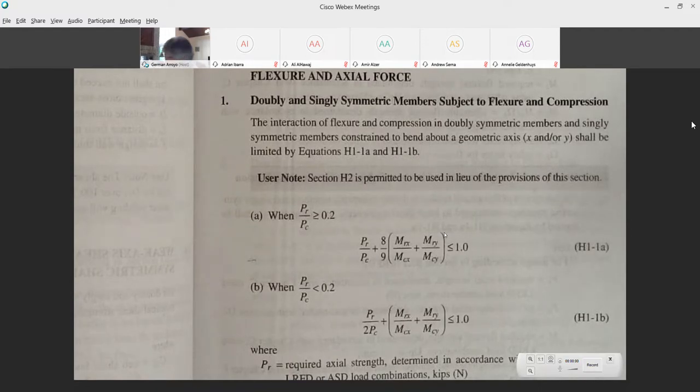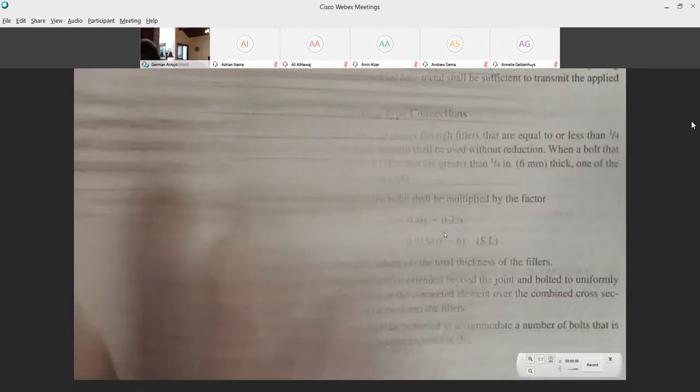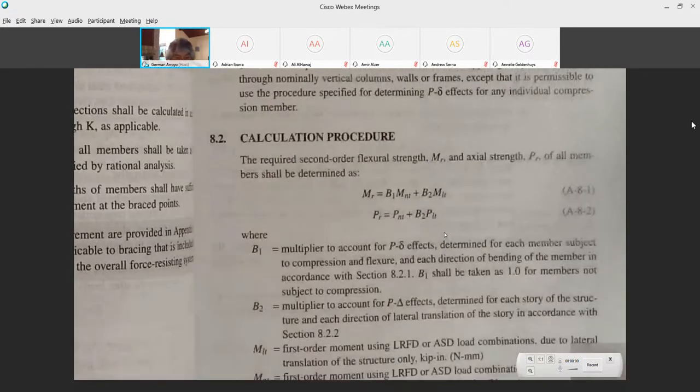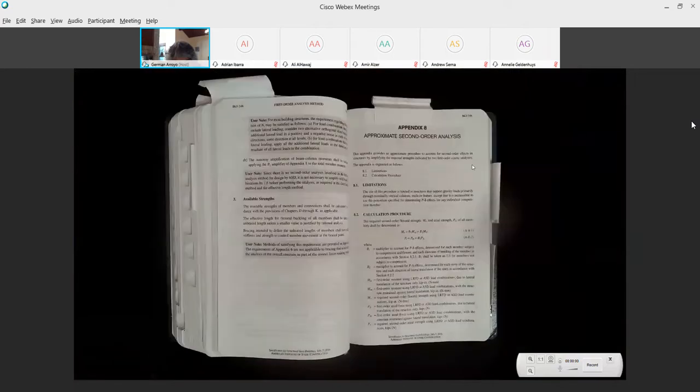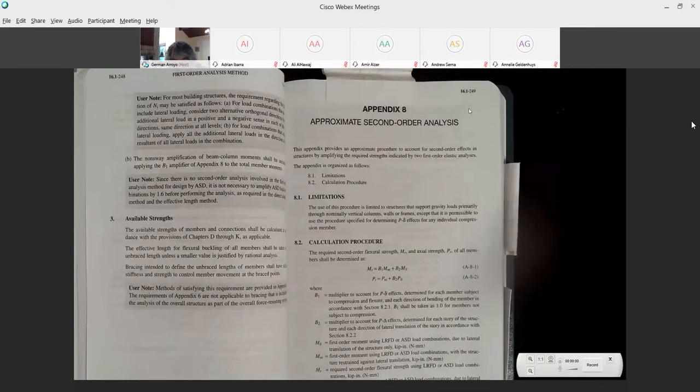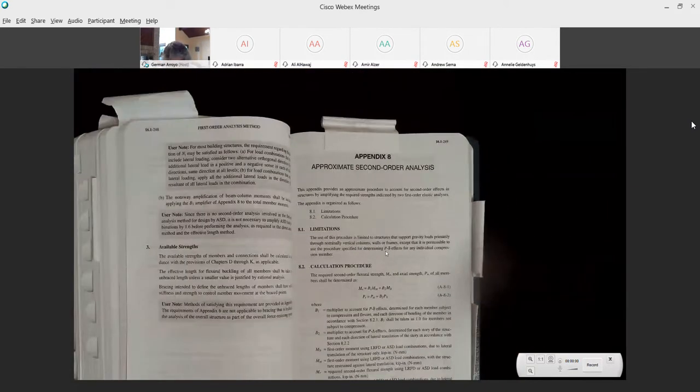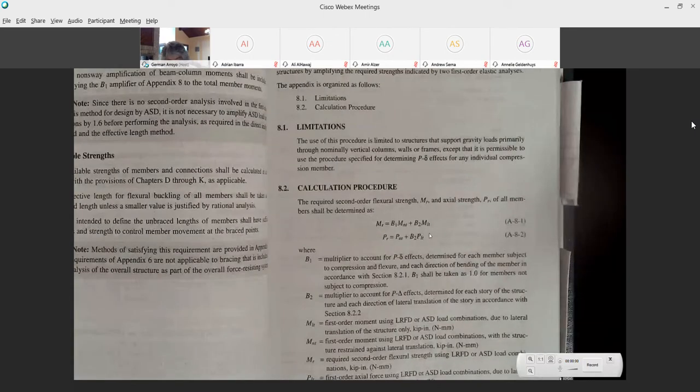So what we do, we go to appendix 8, the same that we did before. Appendix 8 on page 16.1-249. And you can see in here that this formula is good for the x and the y axis.